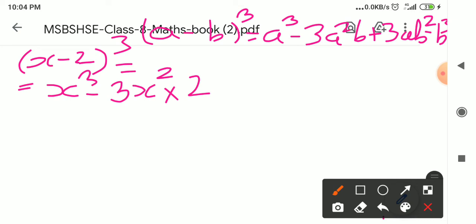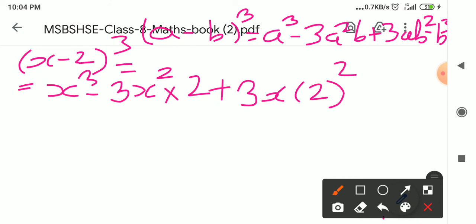Next step is plus 3ab square: 3a means x, and b square means into 2 square. Otherwise you can write it in brackets also, into bracket 2 square.